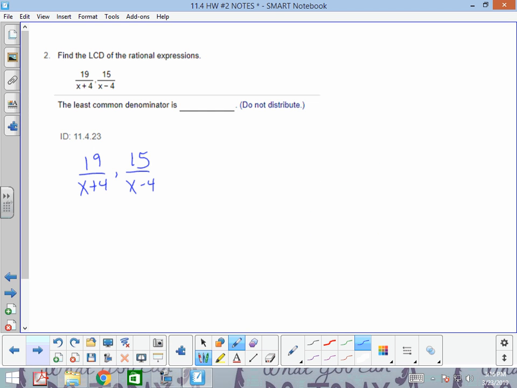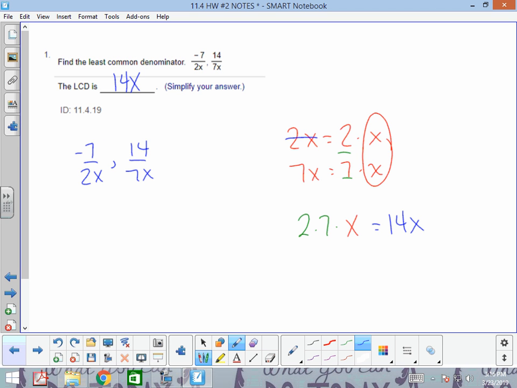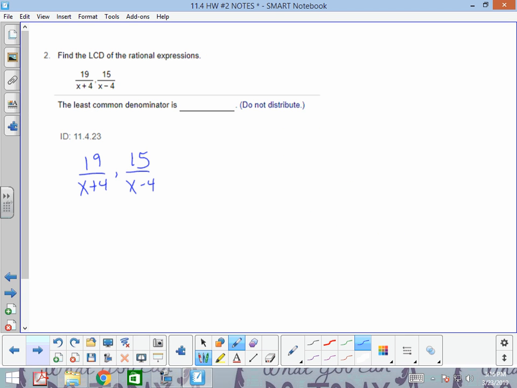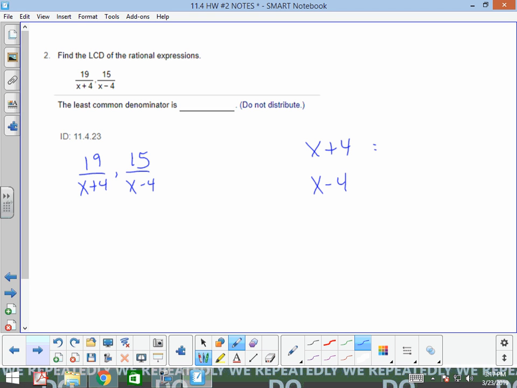All right, on this one, our denominators are x plus 4 and x minus 4. So a while ago, I was doing the factors of 2x and the factors of 7x, and that's what I did was 2 times x and 7 times x. So here, I'm doing the factors of x plus 4 and the factors of x minus 4. Well, these are binomials with an addition sign or subtraction sign. There's no other way to factor these anymore, so they don't factor anymore.